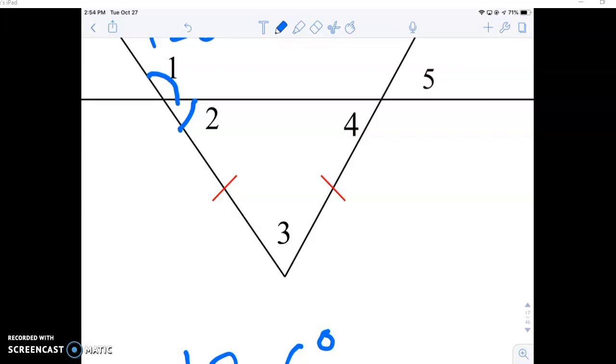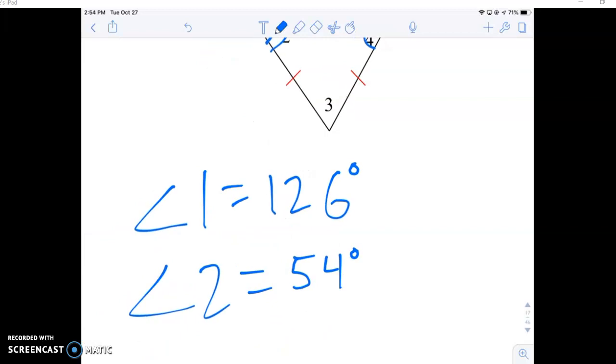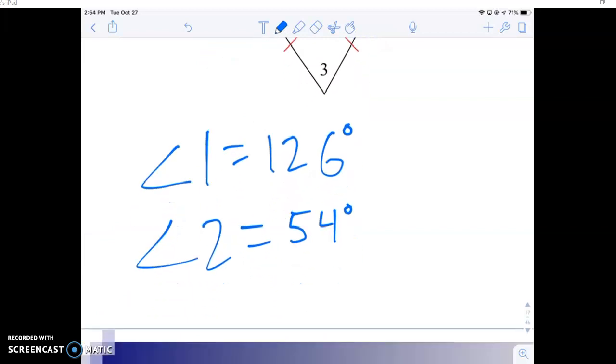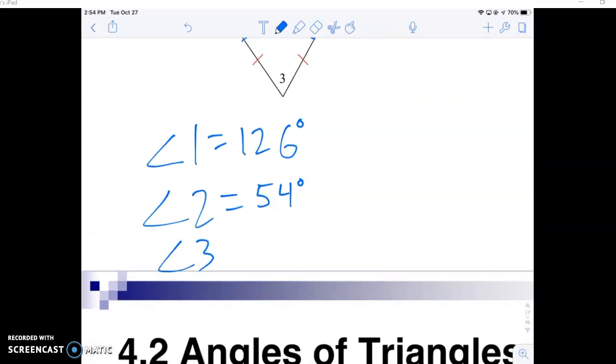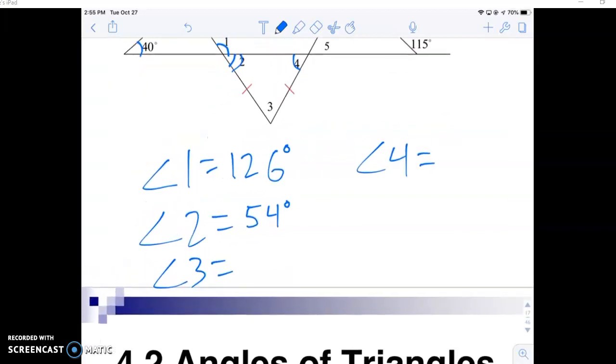Another thing to keep in mind, if you have an isosceles triangle, that means the angles that line up with the isosceles sides are the same. So angle 2 and angle 4 are the same because we know that it's isosceles. Angle 3 we don't know yet. Since it's an isosceles triangle, angle 4 is also going to be 54 degrees.